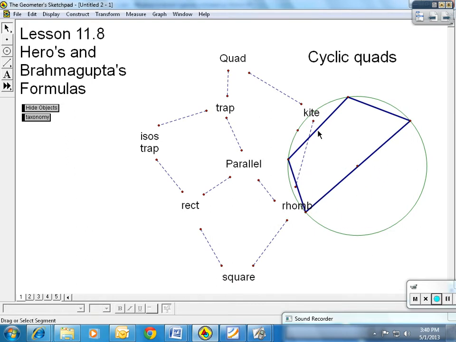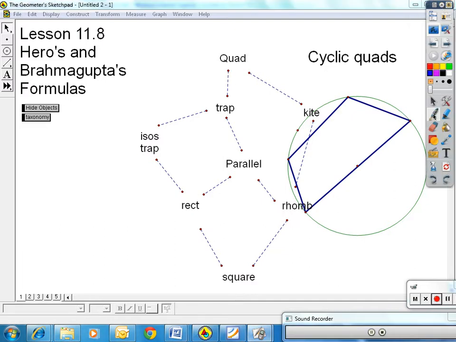Okay, I've made these two parallel, and these clearly are not. But boy, look at that. That looks a lot like an isosceles trapezoid. So we can see here that it appears to be that. A rhombus is going to be hard to create. So feeling pretty good that my cyclic quad actually belongs right here someplace.